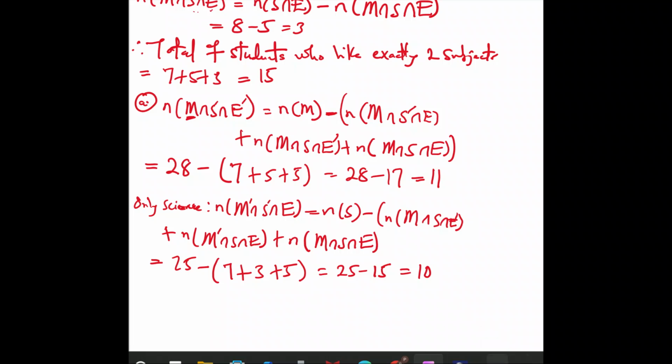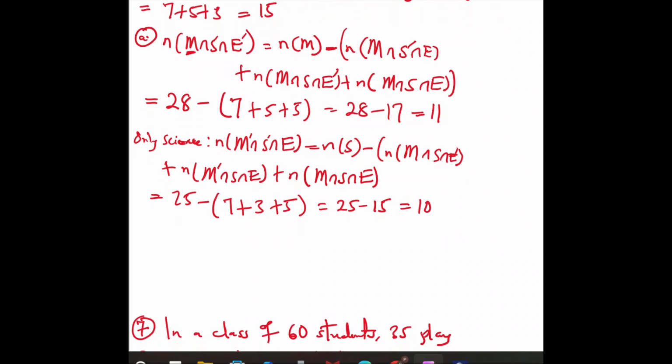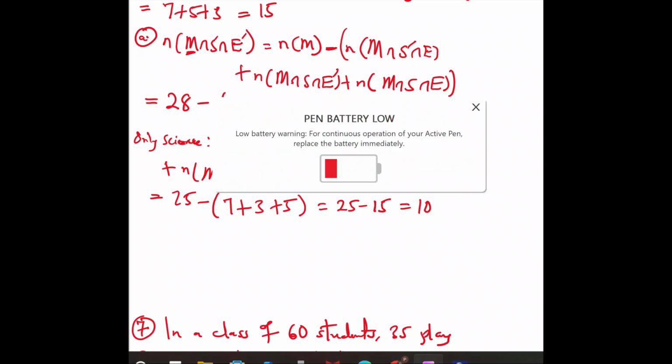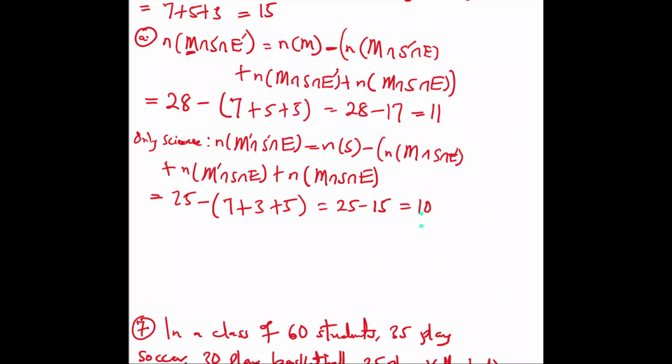Okay. So now, if we want to do the number of students who like only English, it will be number of M prime intersection S prime intersection E. So that will be number of students who like English minus the total number of students who only like science and English, plus number of students who only like maths and English.